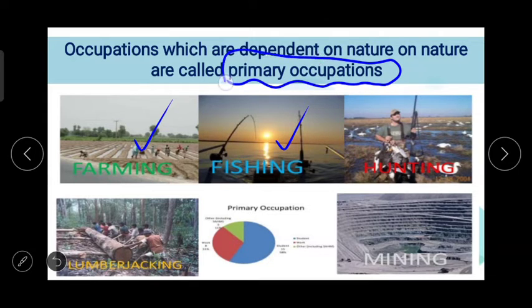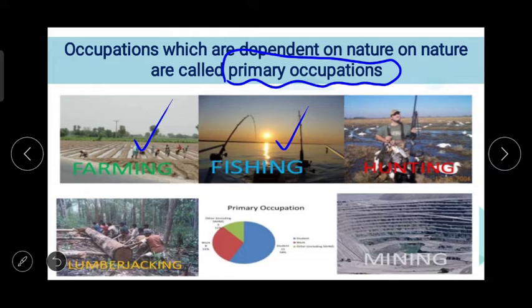Try to understand this concept of primary occupations. Now we are talking about the classification of the human occupations, and the first one we have is primary occupations.